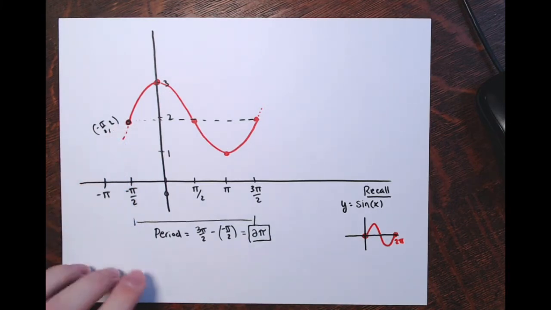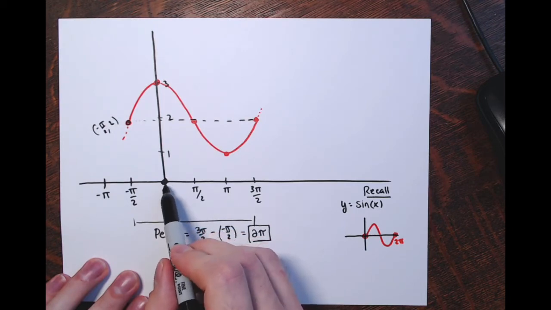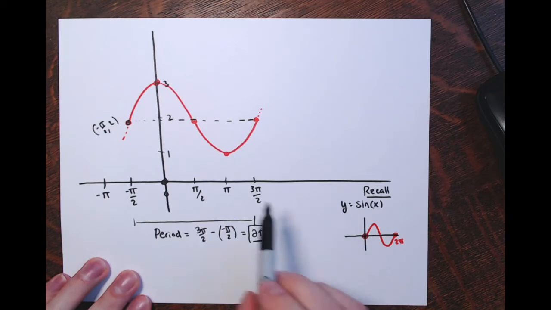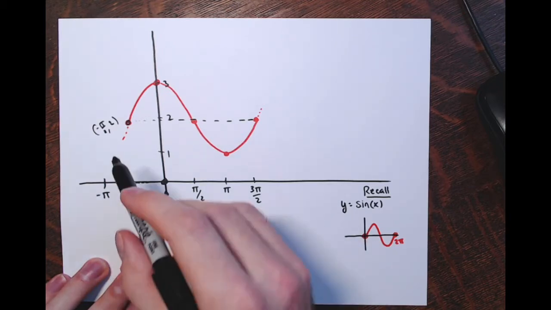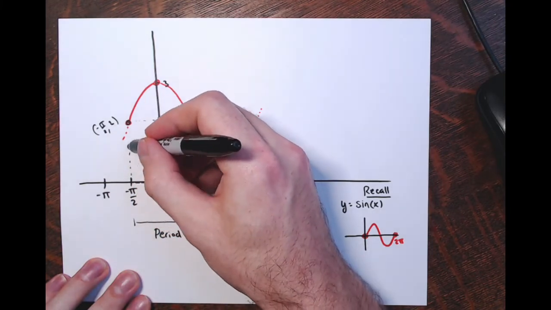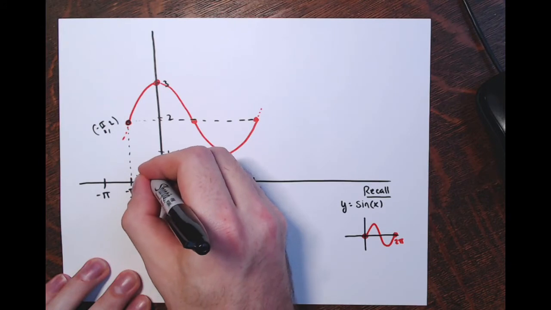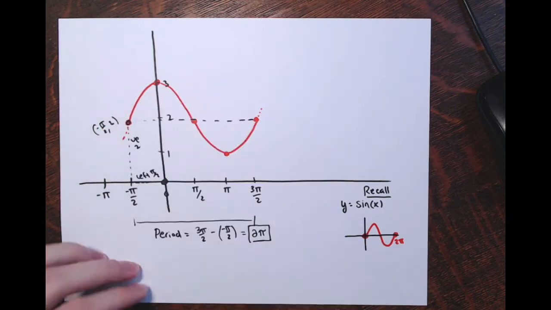So if you were to look at how things got shifted, the start of normal sine is at 0, 0. So there's a shift left pi over 2 and up 2. Left pi over 2 from the origin and then up 2 to get to the beginning of this cycle.